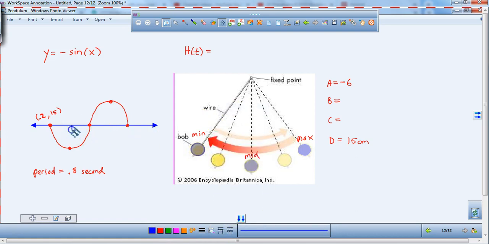So right now I'm going to break this down into each of its sections. So here we have a quarter, and another quarter, and another quarter, and lastly our last quarter.